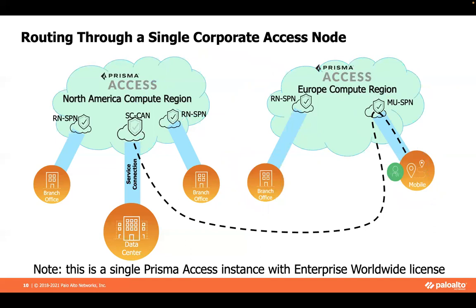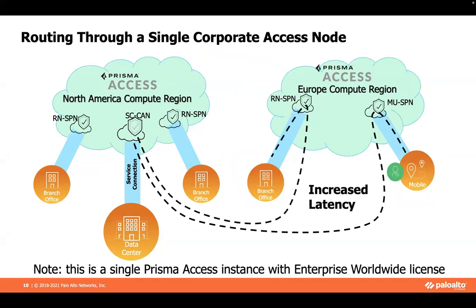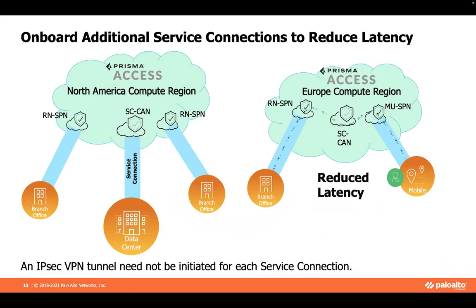So it makes sense to decrease that latency, because that mobile user has to go through that corporate access node, has to use the routing table to get to that remote network. It makes sense to deploy a corporate access node close by, even if there's no service connection.